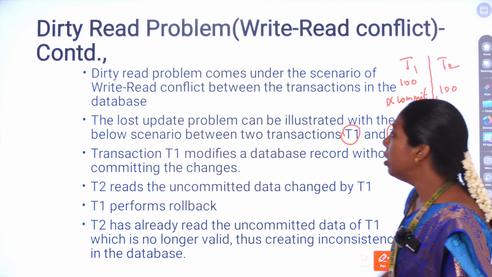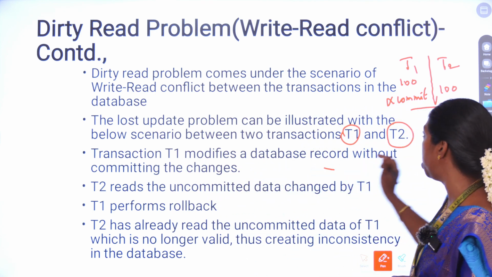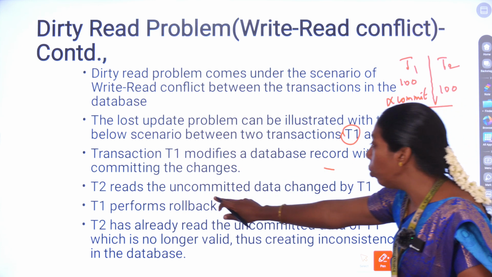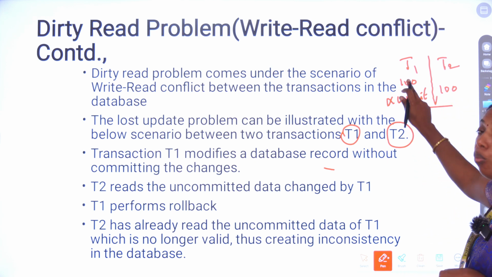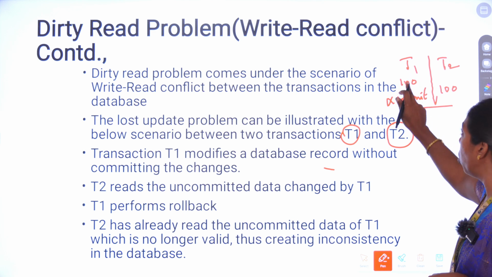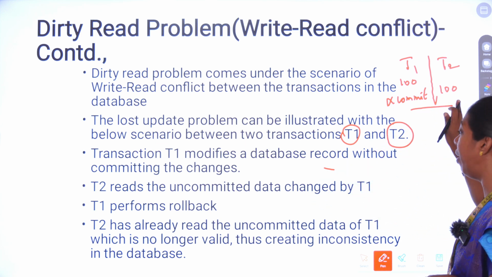So this will create the dirty read problem. Transaction T1 modifies the database record without committing the changes, and T2 reads the uncommitted data immediately and updates its value as 100.